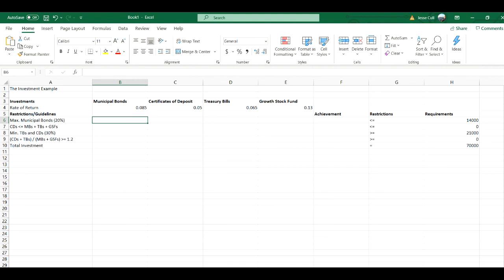We have to come down here, and what we're looking for is our returns, not profit, but return. First one, municipal bonds. We'll make this bold too, so it's clear.